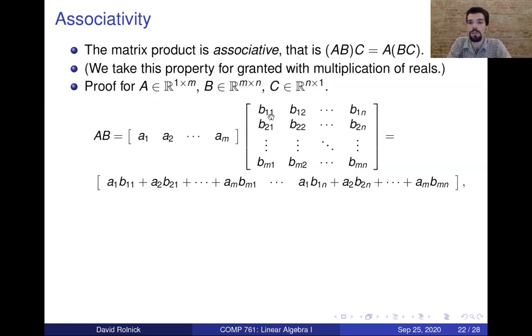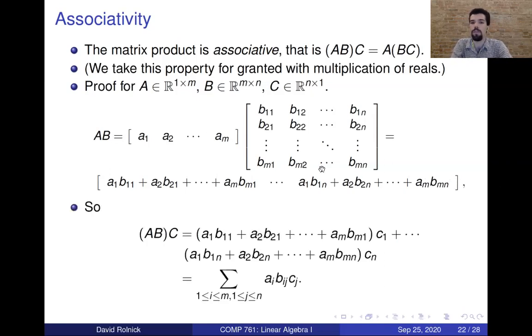Okay, so let's do A times B. A times B is just going to be a row vector because we're multiplying a 1 by m matrix with an m by n, and we're going to get a 1 by n vector out, a row vector. So what we get is the dot product of this first column with this row, the dot product of the second column with this row, and so on.